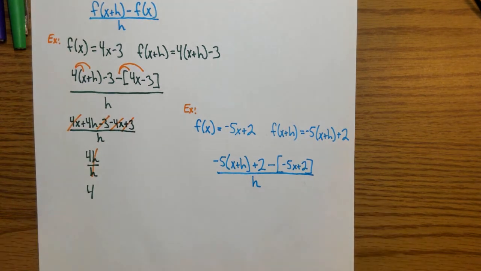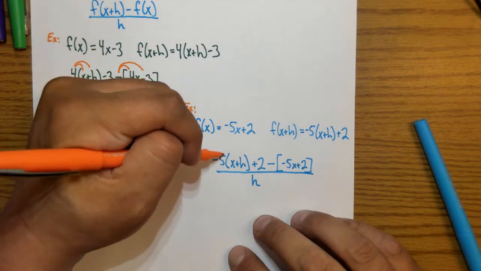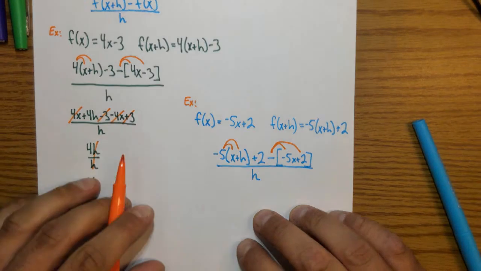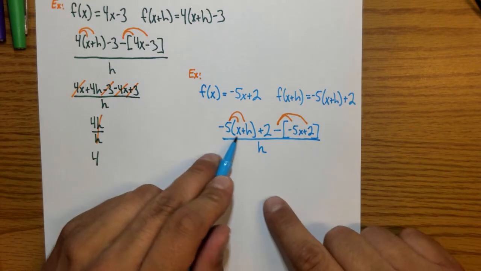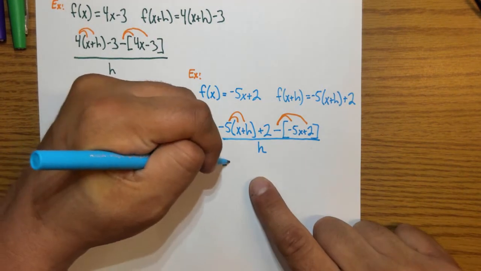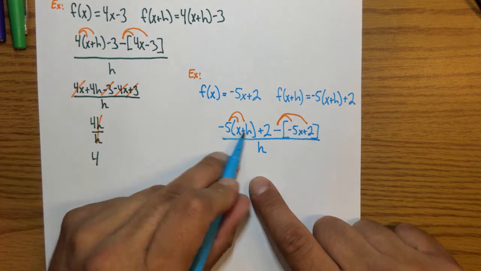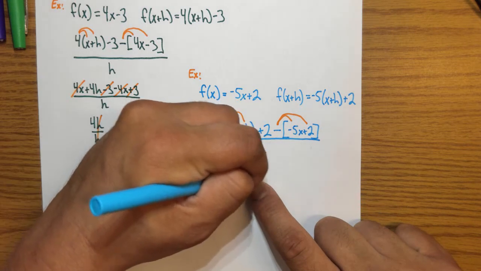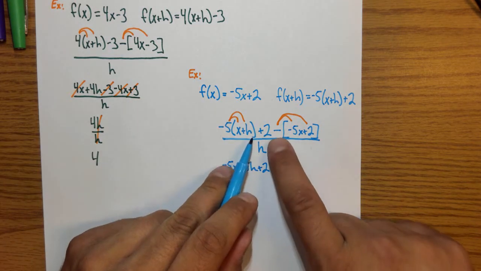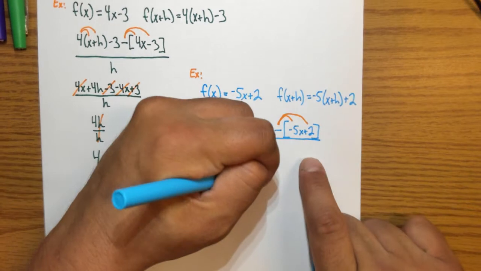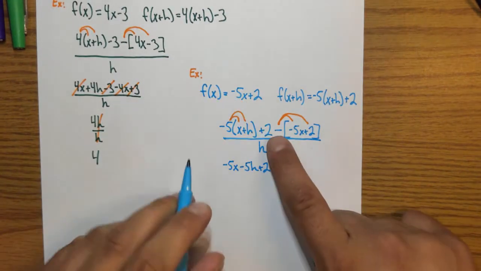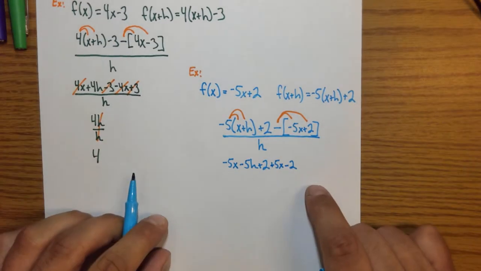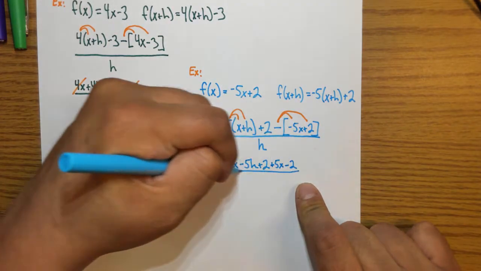So let's go ahead and distribute this negative 5 to this, and let's distribute this negative to both of these in f of x. So negative 5 times x is negative 5x. Negative 5 times h is minus 5h, plus my 2, that's just this 2 right here. And then negative times negative 5x is plus 5x. Then negative times plus 2 is negative 2. And then all over my h.